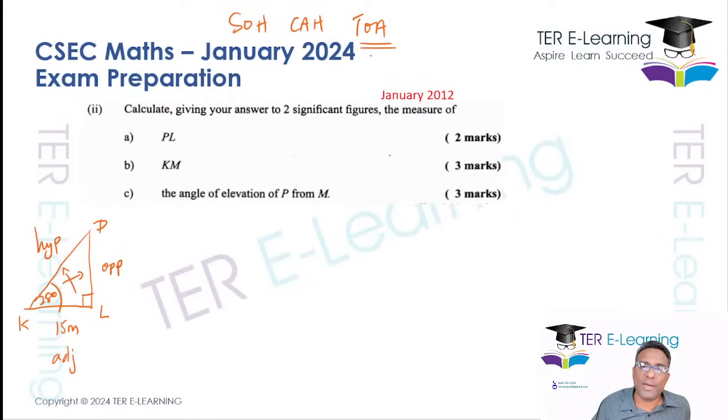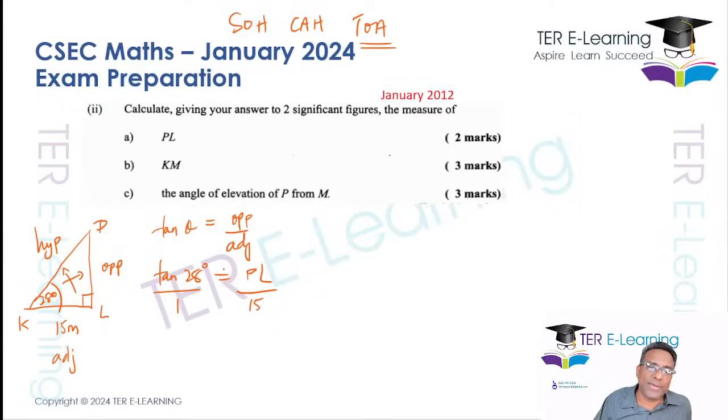So the only one that gives me opposite and adjacent is tan. So tan theta is equal to opposite over adjacent. Therefore tan 28 is equal to opposite, which is PL, over adjacent, which is 15.